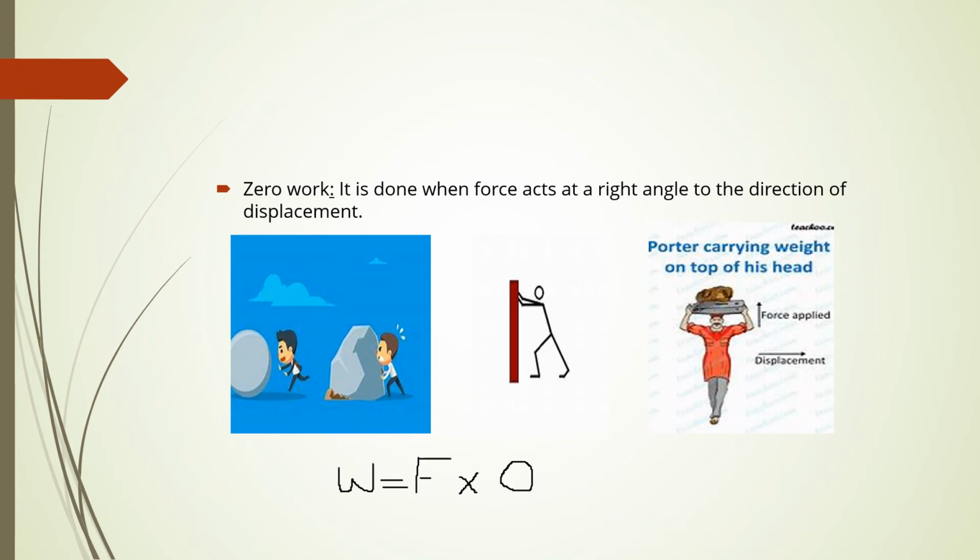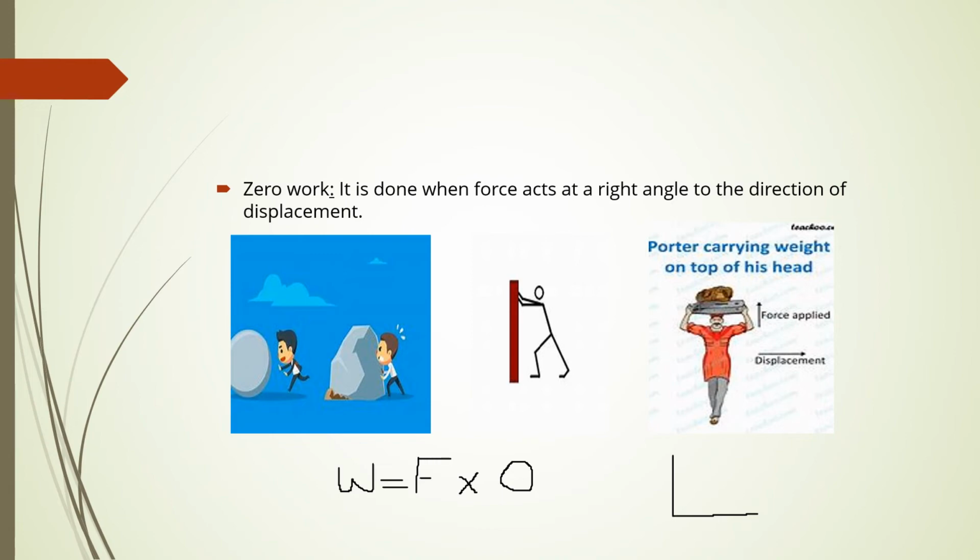These two lines are perpendicular to each other. So force is acting in this direction and the displacement is acting in this direction. When the angle between these two is 90 degrees, again the resultant work will be 0.